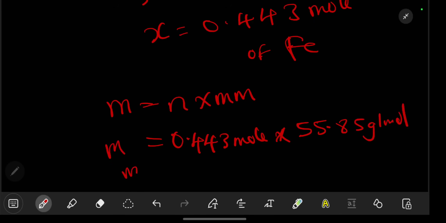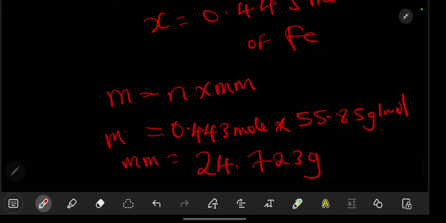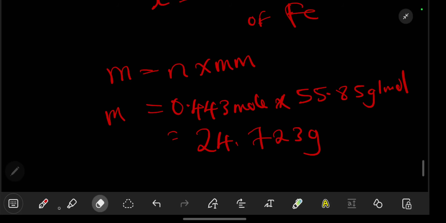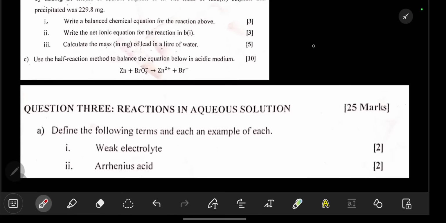When we multiply this value by 55.85, we get 24.723 grams. That is the mass, not the molar mass. So that is how we deal with that question.